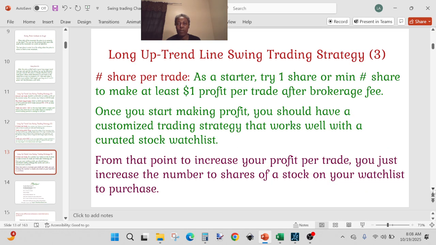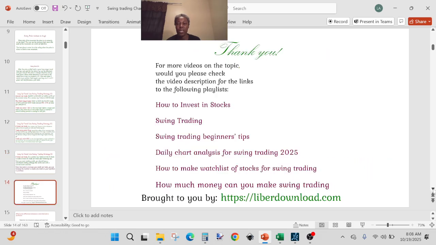And once you have a confirmation that your strategy is compatible with that stock, meaning you have at least $1 profit after you pay your brokerage fee, then you know that to increase your profit, next time you are going to buy that particular stock, you just need to buy more shares of that stock to increase the profit you are going to gain from that trade.